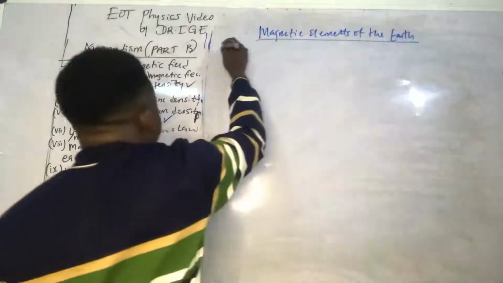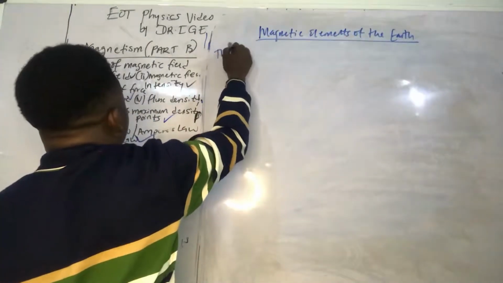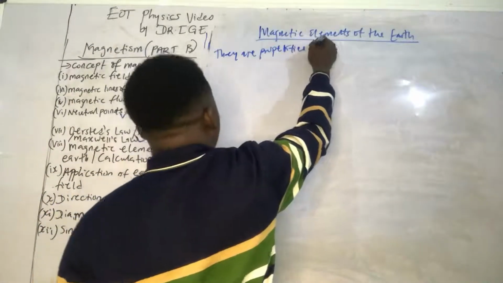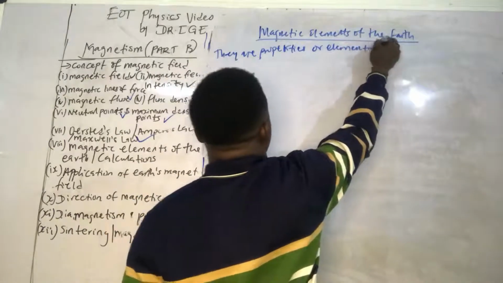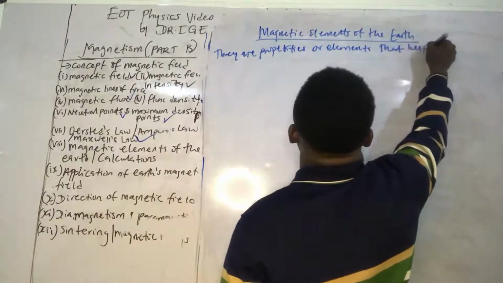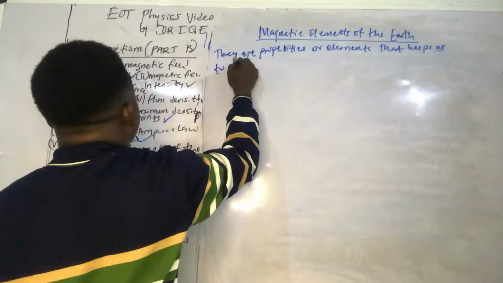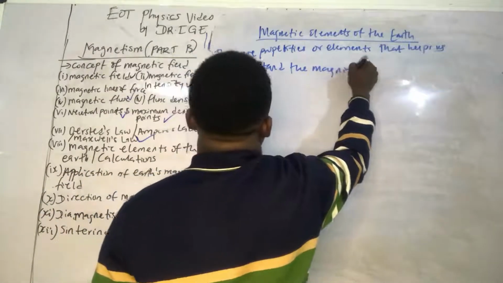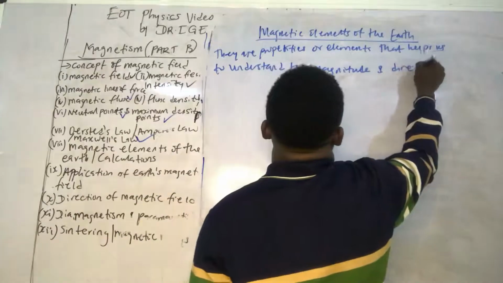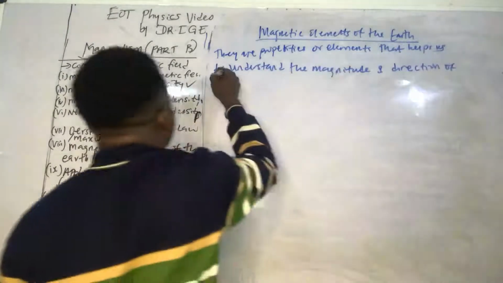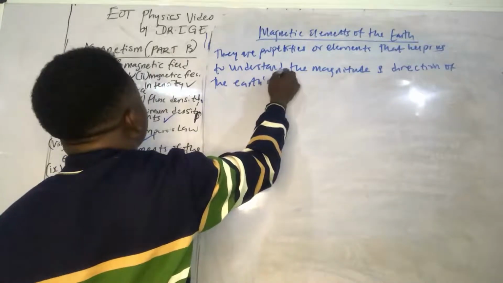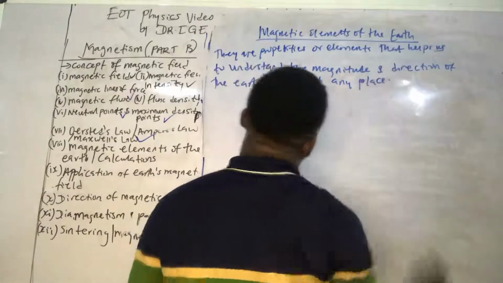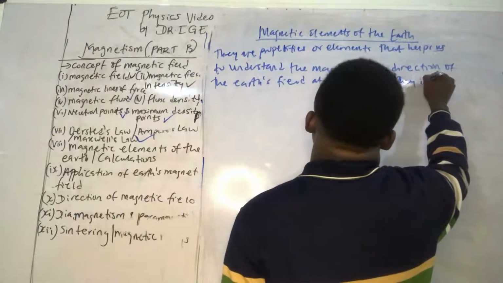You can actually define them as properties or elements that help us to understand the magnitude and direction of the Earth's magnetic field at any place.